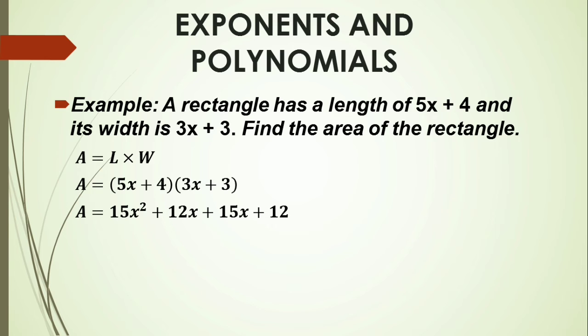Now, since there are like terms, 12x and 15x, we just need to combine them. 12x plus 15x is 27x. The area of the rectangle in the given problem is 15x squared plus 27x plus 12.